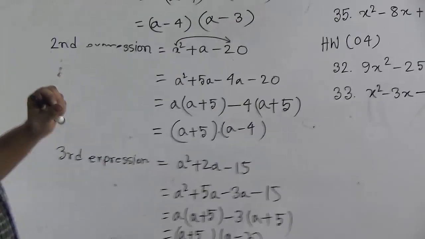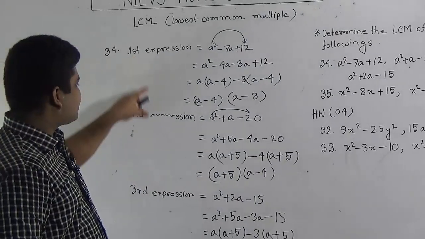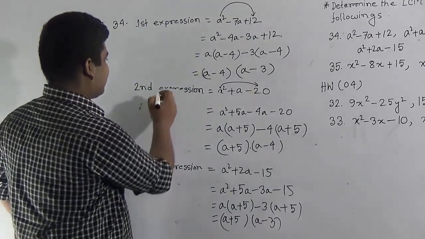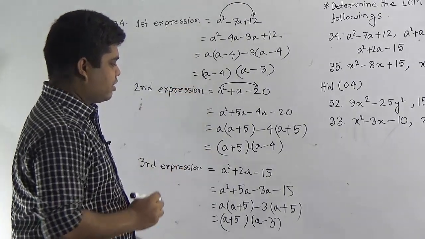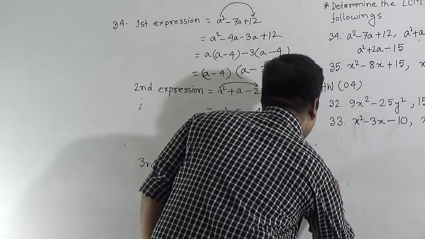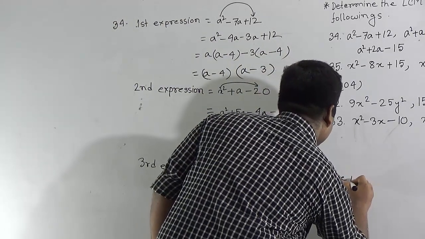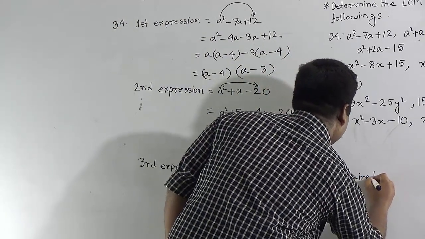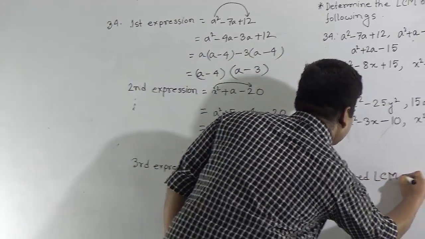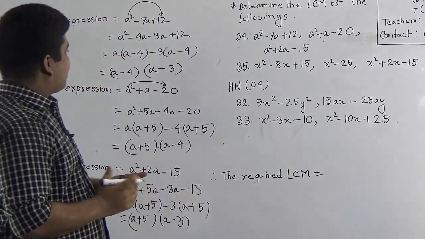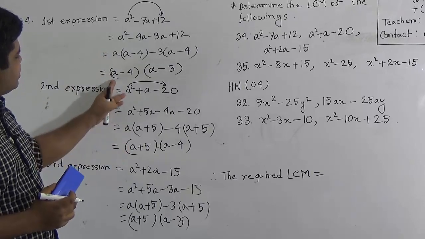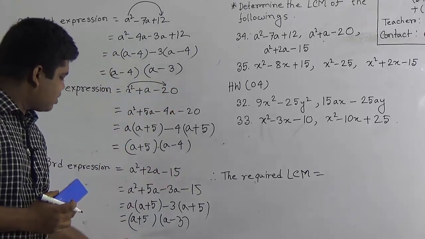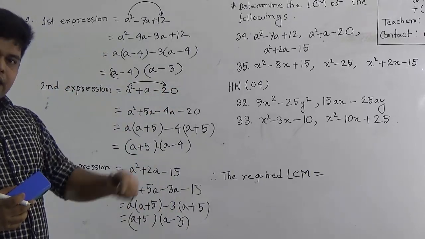Now we find out the LCM of the first expression, second expression and third expression. Okay, so the required LCM is, from these resolved factors we take common and uncommon terms.